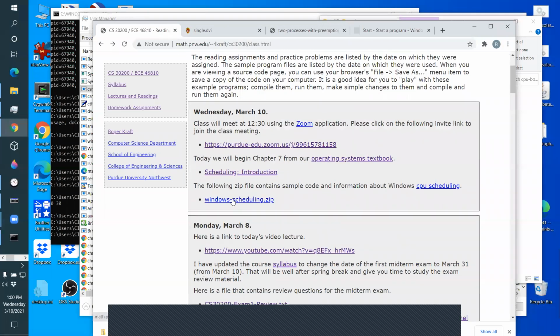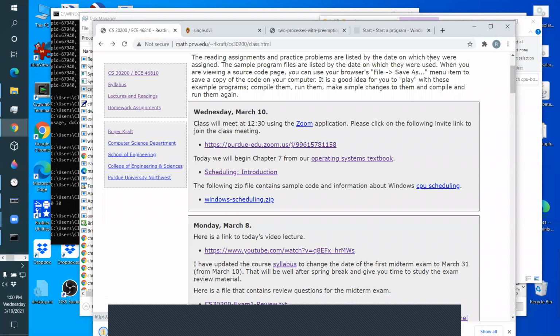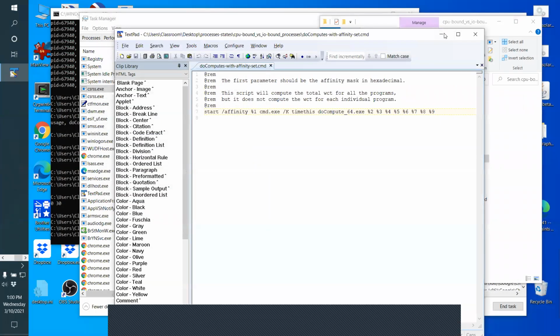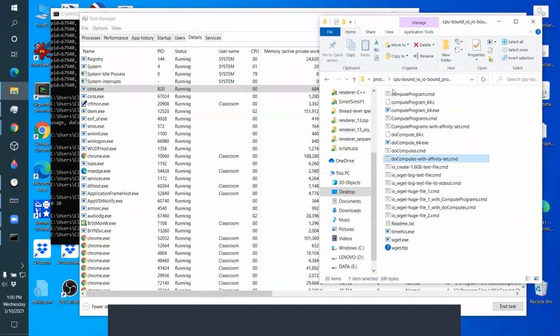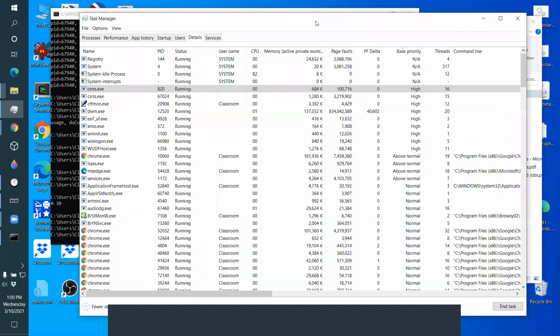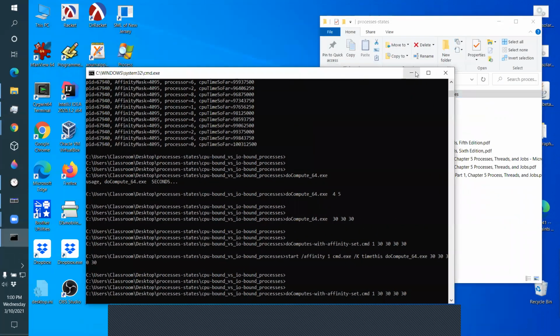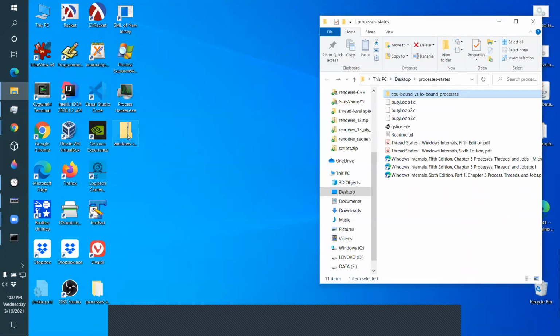So let's talk now about the actual material. I've got a zip file here that's got some more information that's specific to Windows. In fact, if you download this zip file, it reproduces the folder, the stuff we were just doing. I put this folder on CPU bound versus IO bound in both of those zip files because these examples are good for thinking about scheduling.